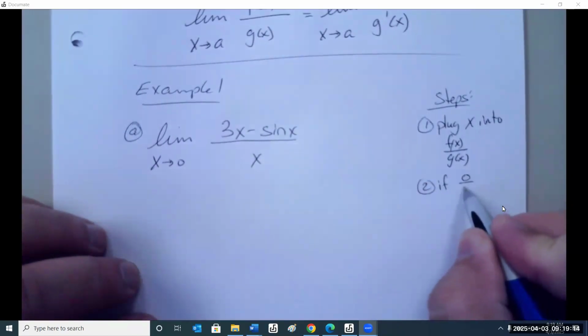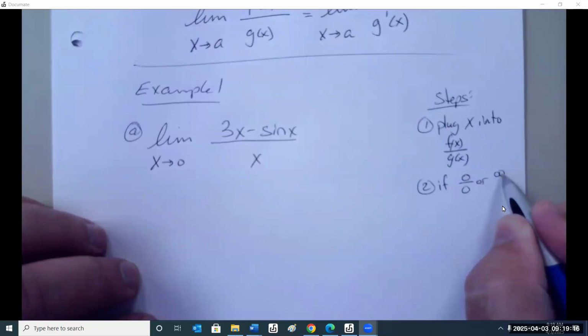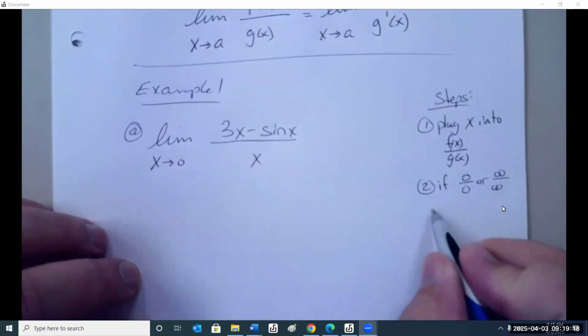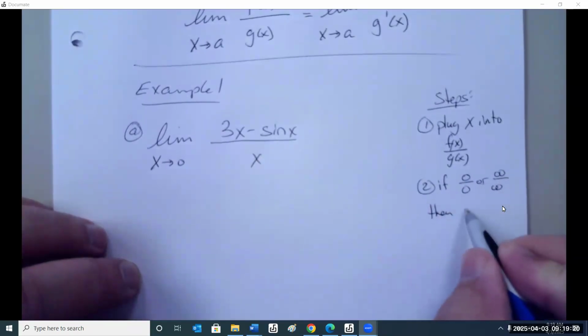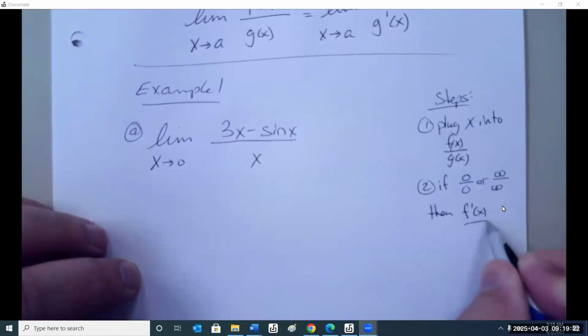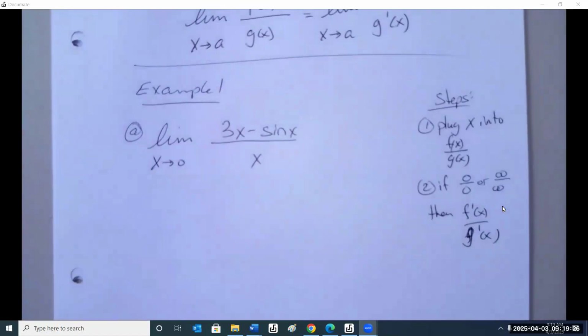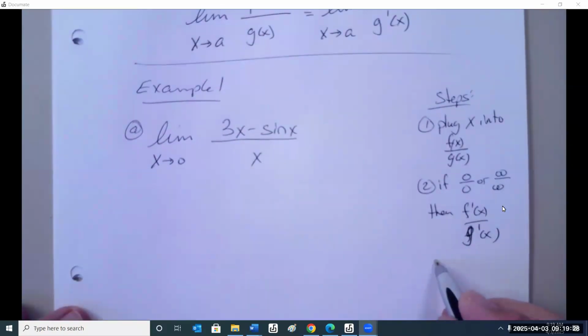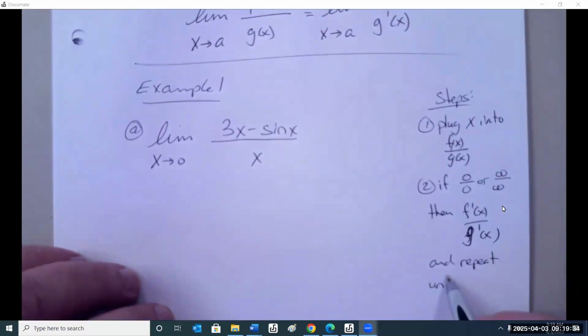If we get 0 over 0 or infinity over infinity, then take the derivative of the top and the bottom and try it again. And repeat until one or both do not equal 0 or infinity.